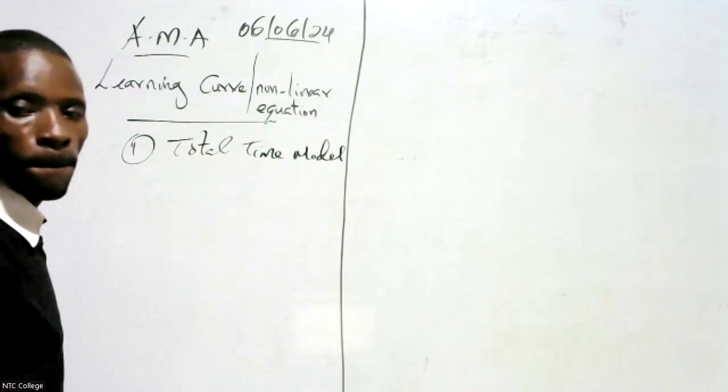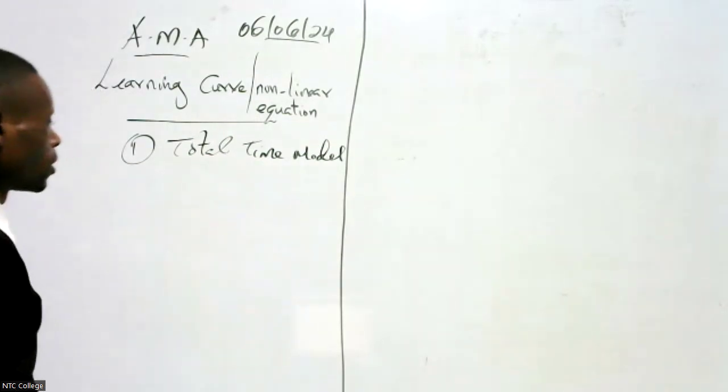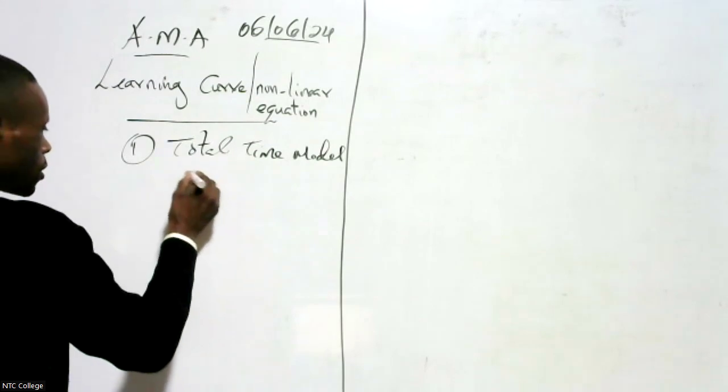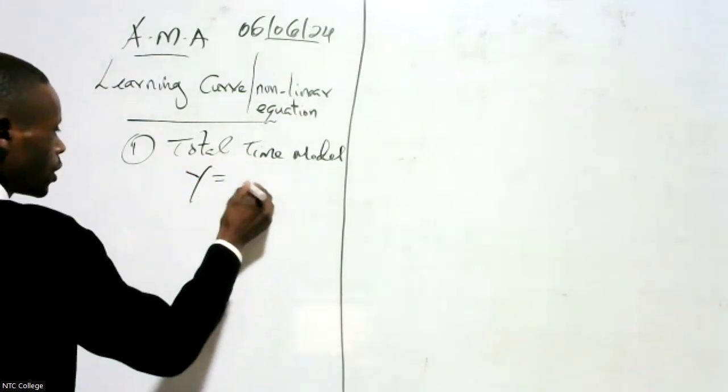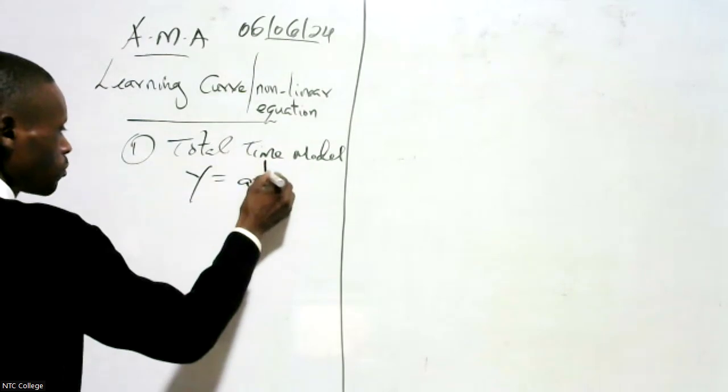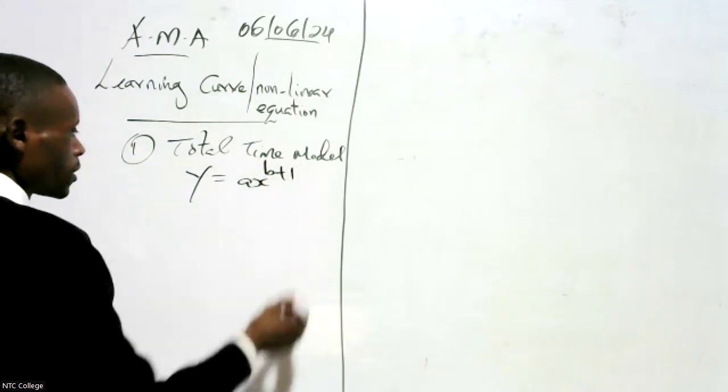Total time model, which we say is y equals a x raised to b plus 1.